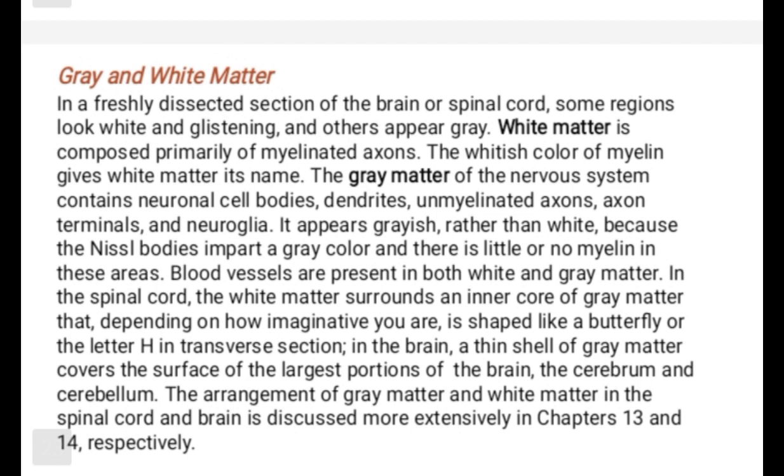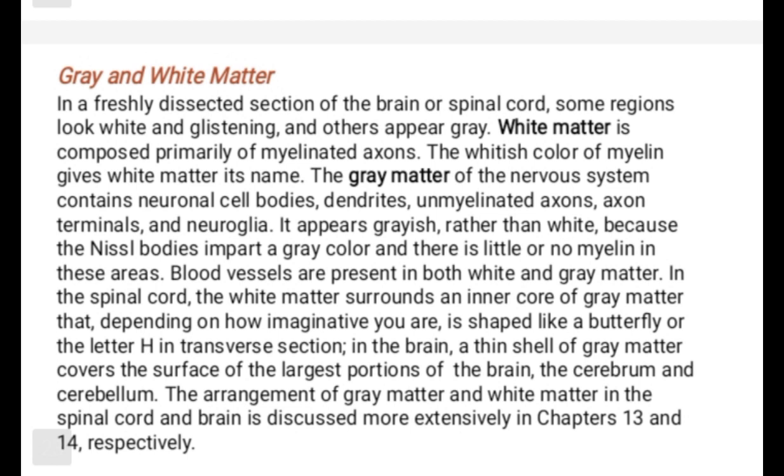The gray matter of the nervous system contains neuronal cell bodies, dendrites, unmyelinated axon terminals, and neuroglia. It appears grayish rather than white because the cell bodies impart a gray color and there is little or no myelin in this area. Blood vessels are present in both white and gray matter.